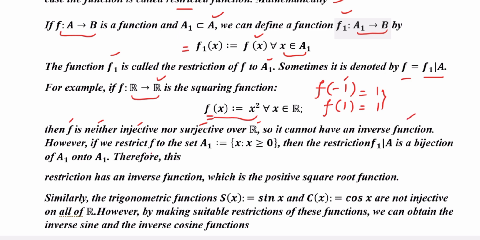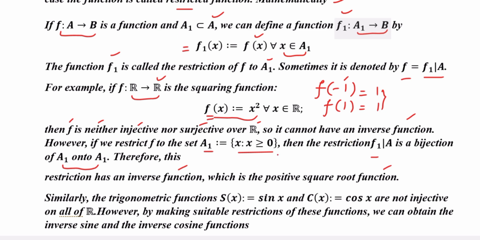However, if we restrict its domain to the set A1 equal to the set of all non-negative real numbers, then the restriction f1 is a bijective function of A1 onto A1. Therefore, this restriction has an inverse function, which is the positive square root function.